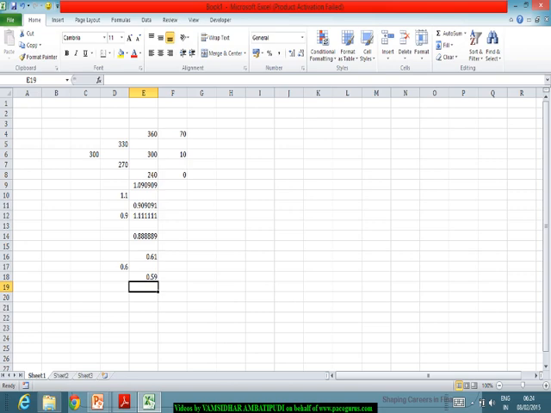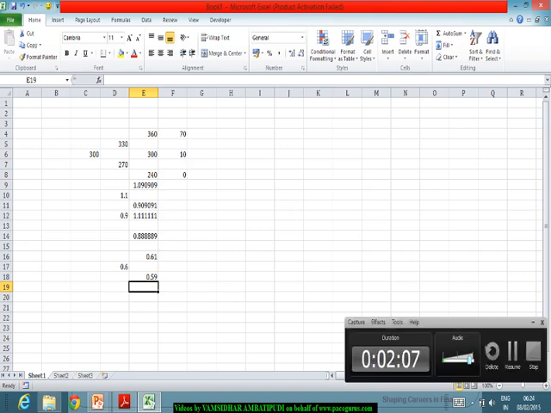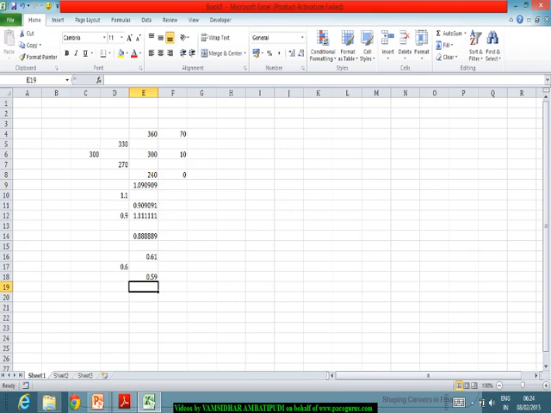Now once I know that in each case these are the Qs, I'll try to evaluate node by node now. Now here there is a 61% chance that the payoff is going to be 70, and there is a 39% chance that the payoff is going to be 10.